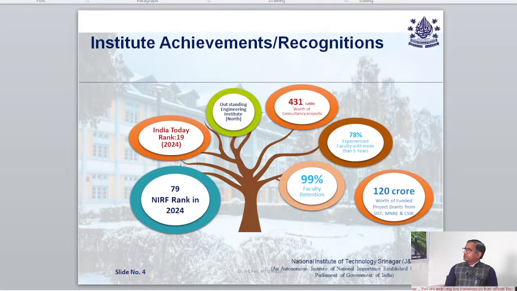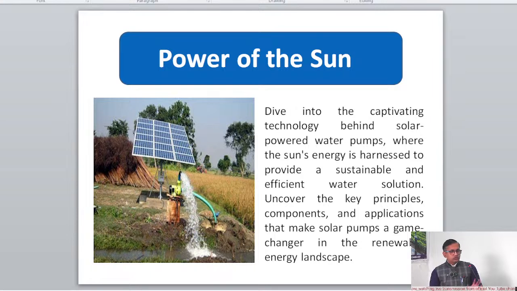Now we come to the solar power of the sun. The sun is over there, so you are well aware of this. Dive into the captivating technology behind the sun, or how we can harness the sun's energy for water applications like pumping and irrigation systems. These applications make solar pumps a game changer for renewable energy.